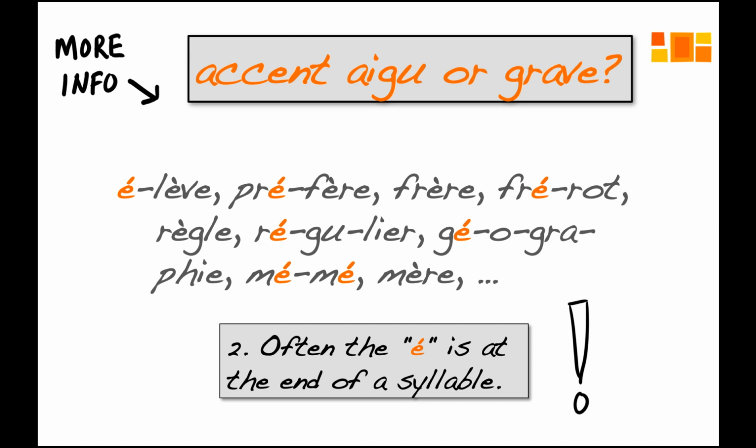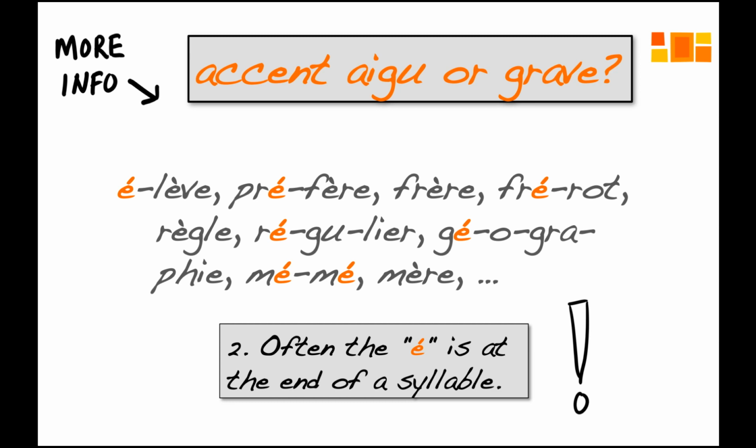You have grammaire, which is mémé, two times E accent aigu at the end of a syllable, but you have la mère, which is the R, mère, at the end of a syllable, and then you have the accent grave. Unfortunately, this is not a 100% rule, especially at the end of a word. You have the infinitive regarder, for example, which is spelled ER, and the pronunciation is still E at the end of a syllable, but there is no accent aigu.